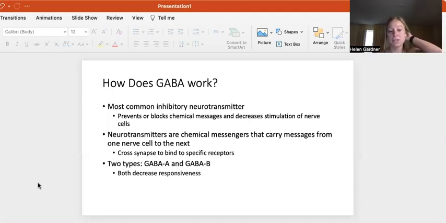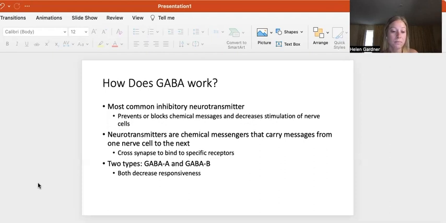Between each nerve cell is a tiny amount of fluid-filled space called a synapse. Neurotransmitters must carry their messages across the synapse, and then they land on and bind to receptors on the next nerve cell. This is kind of similar to a key that can only fit and work in one particular lock. That's kind of what this process is like.